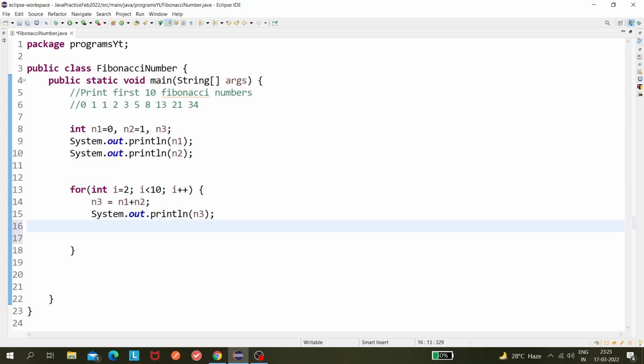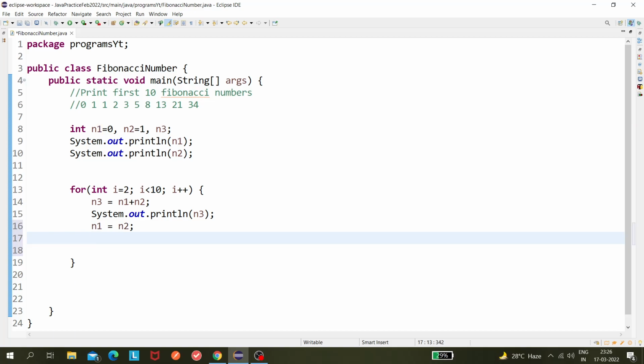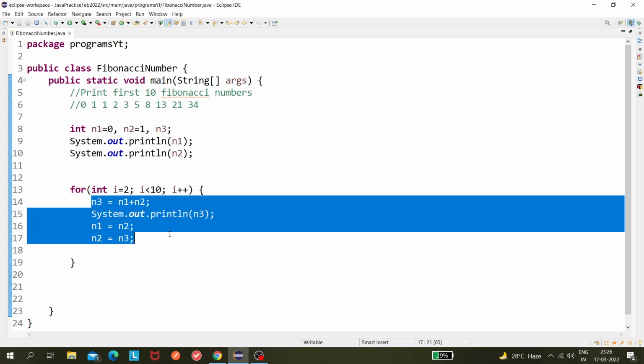Next, if it is still 0 and 1, then it will not work, right? So we need n1 to be 1 and n2 to be also 1. So we have to put n2 into n1, and n2 equals n3. That's it. This is only four lines we need to write for this logic.